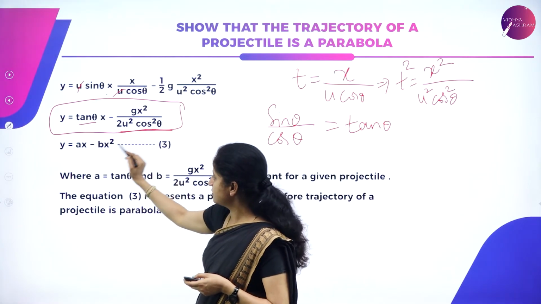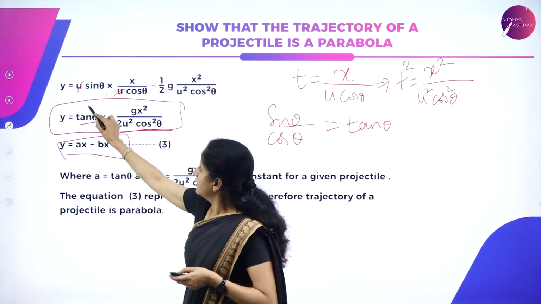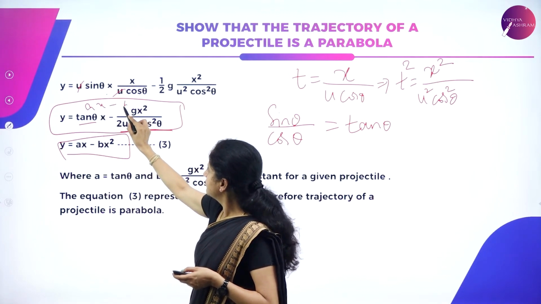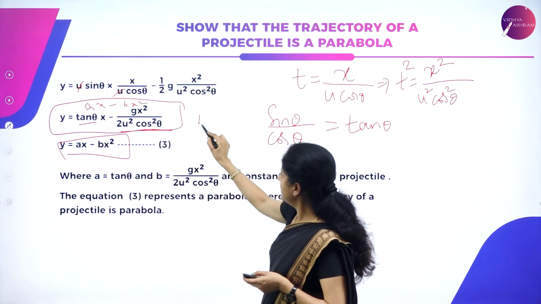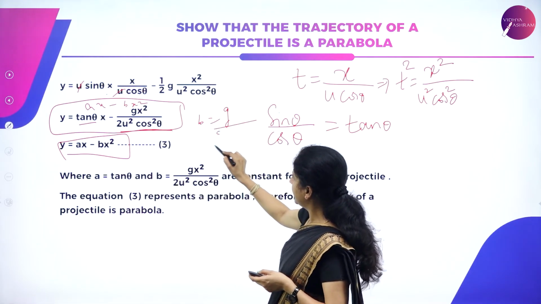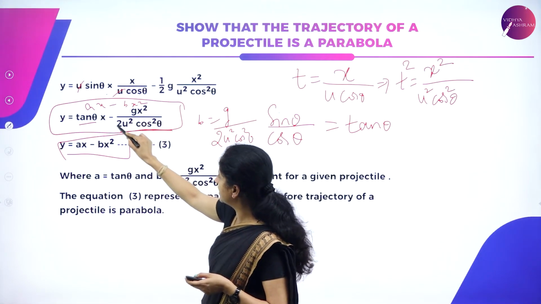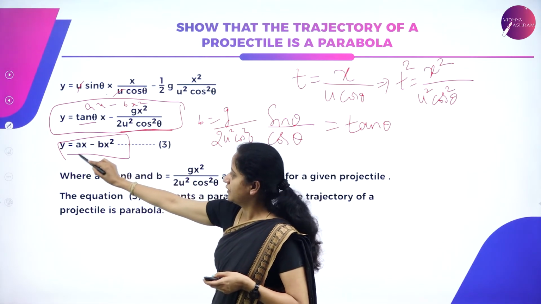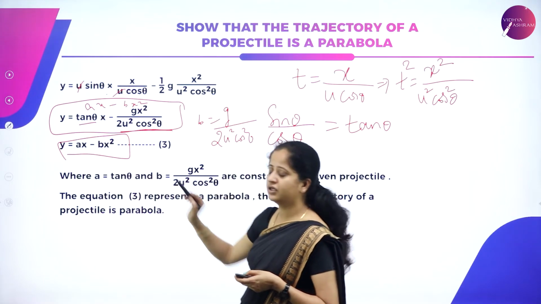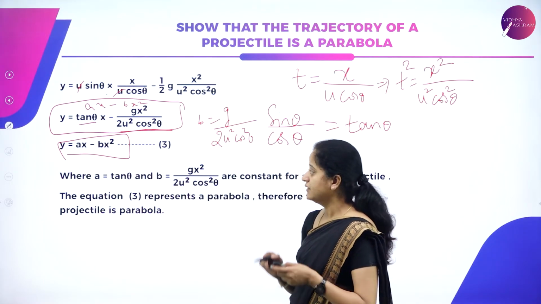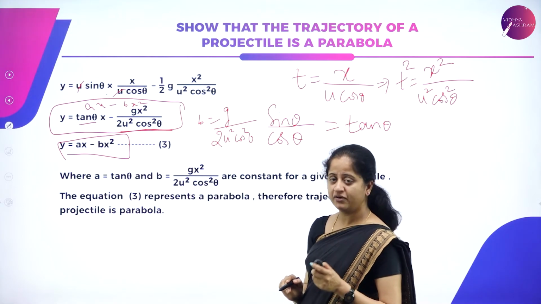So now this is of the form y is equal to ax minus bx square, where b is nothing but g divided by 2 u square cos square theta. So if this entire term becomes b, we will get the equation in the form of y is equal to ax minus bx square, which is nothing but the equation of a parabola.